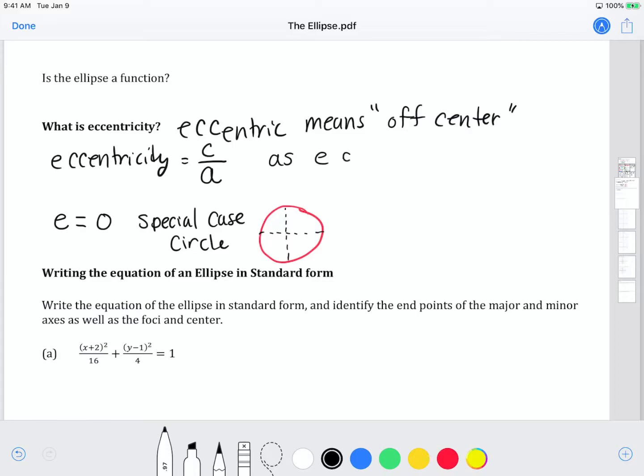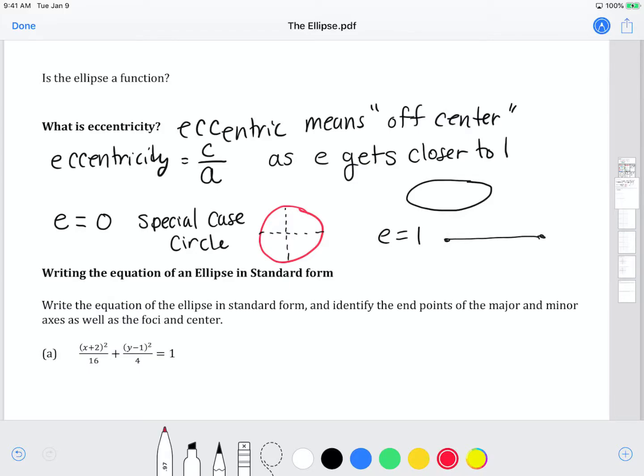As E gets closer to 1, then your ellipse is going to get more and more stretched out. The closer to 1 you are, the more squished it is and the more elongated it is. When your E is equal to 1, then it's going to be completely squashed and it's just going to be a line.